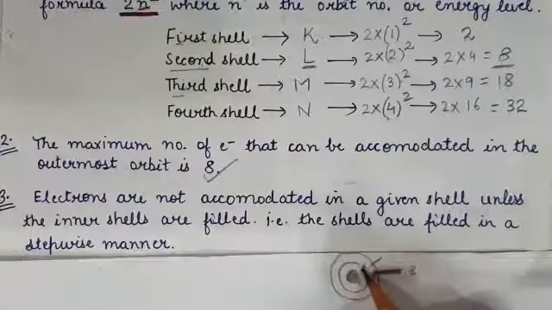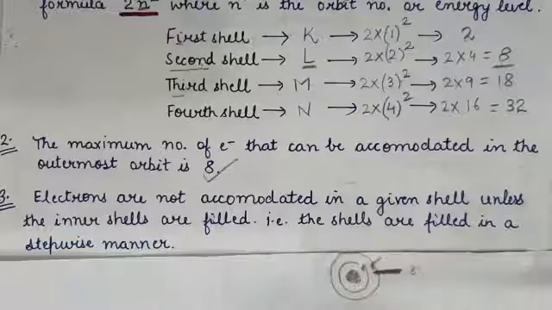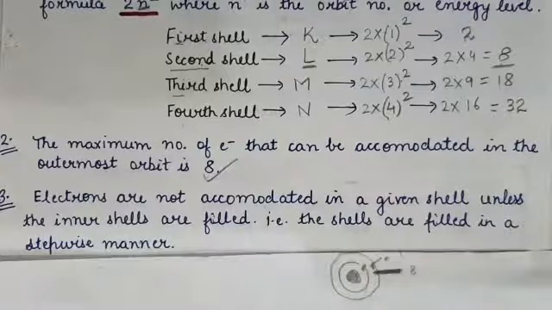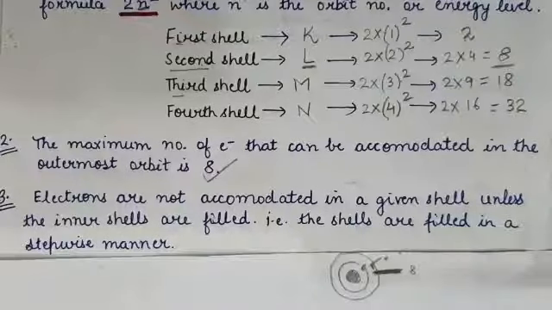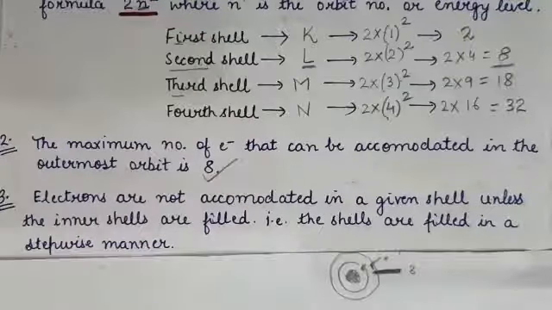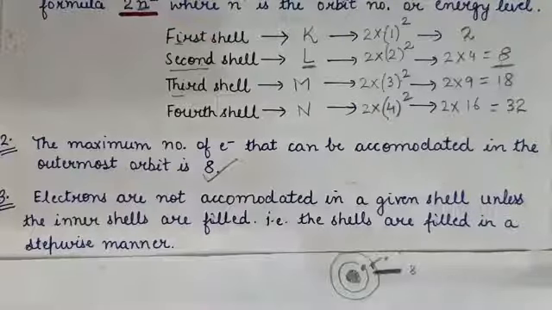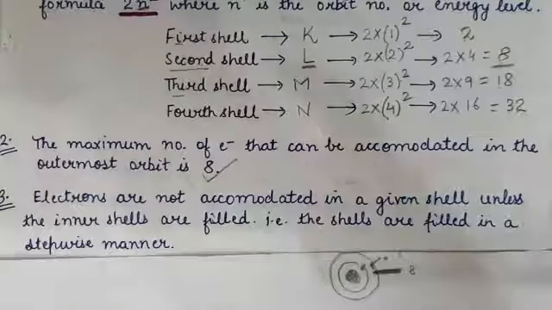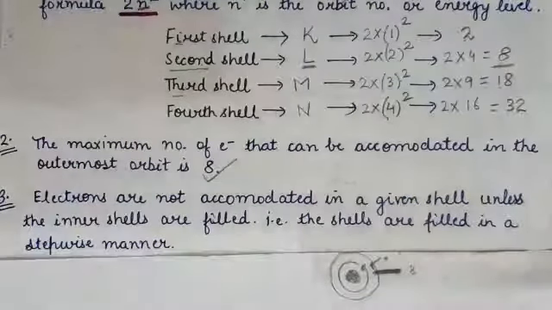Means the first shell will be filled, then the second shell, then the third, then the fourth. The inner shells are filled first, then we will come to the outer shell. So these are the 3 rules in the Bohr-Bury scheme for the distribution of electrons. Clear, students? You will be more clear if we practice some examples.